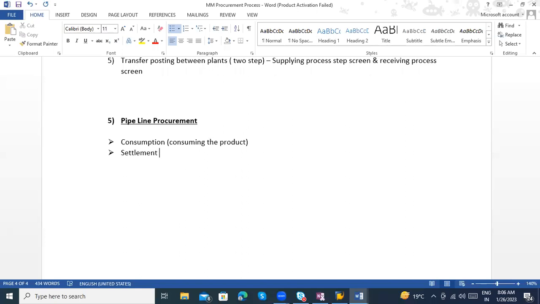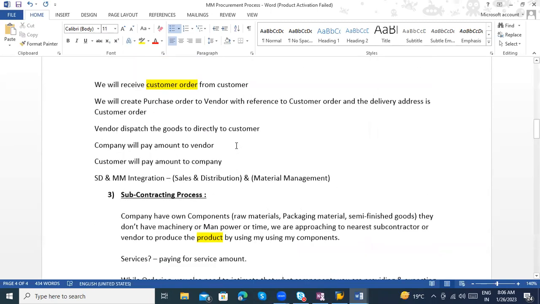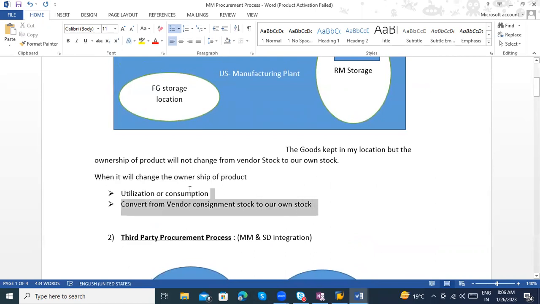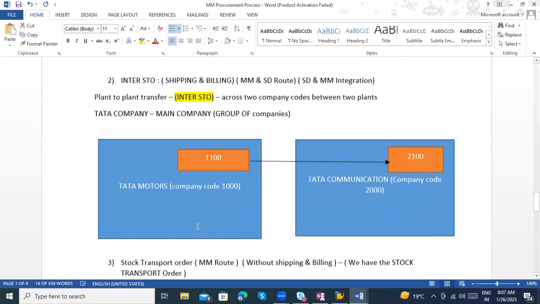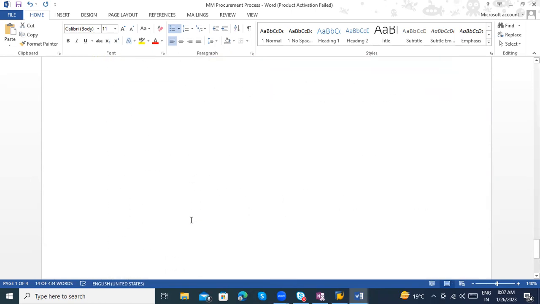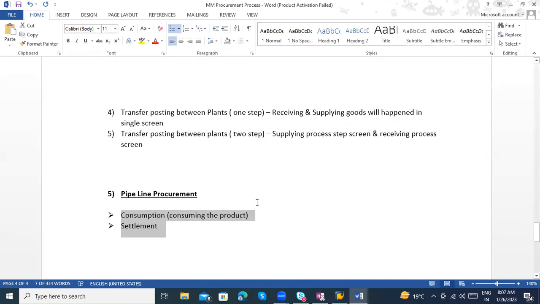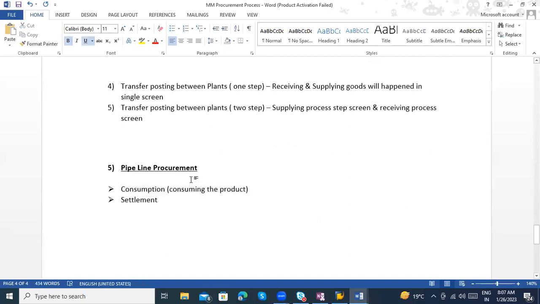Just as with consignment settlement, when we withdraw the stock or transfer the stock, we pay the settlement. In the same way here, when we withdraw stock from the pipelines, we pay the settlement. The price information comes from the master record, the info record, the agreement.